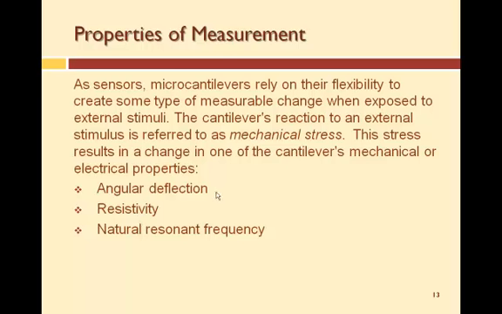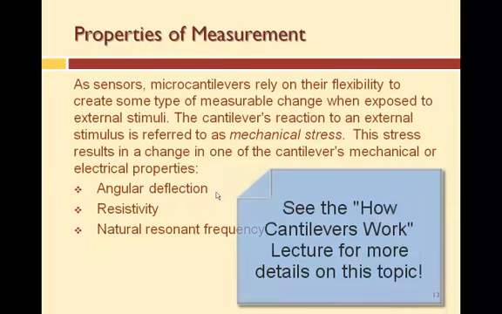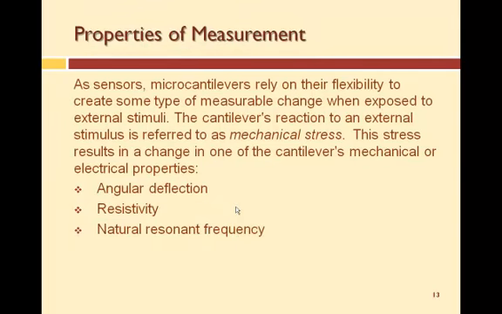You can reflect light off of the cantilever. The reflection angle will change if the cantilever bends. Think about it, right? I'm going to use the meter stick again. If I bounce a laser beam off the end of the meter stick, it's going to hit a certain part of the ceiling, right? What happens if I bend it?